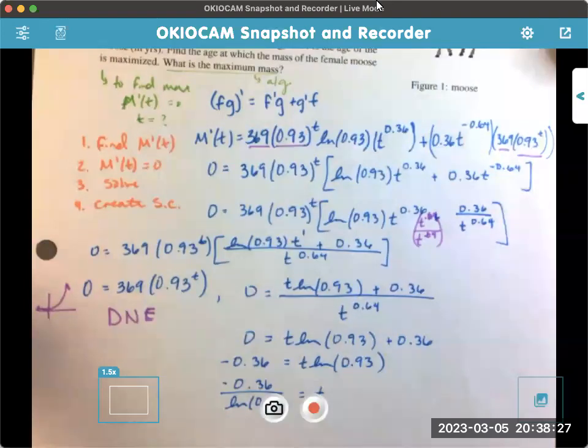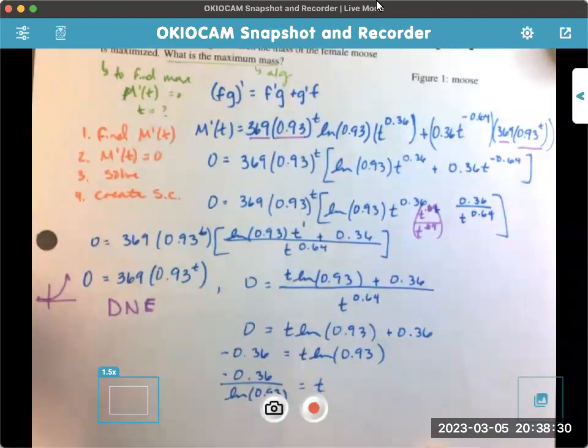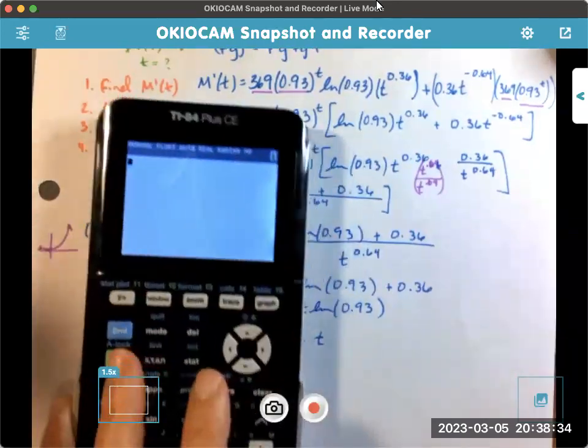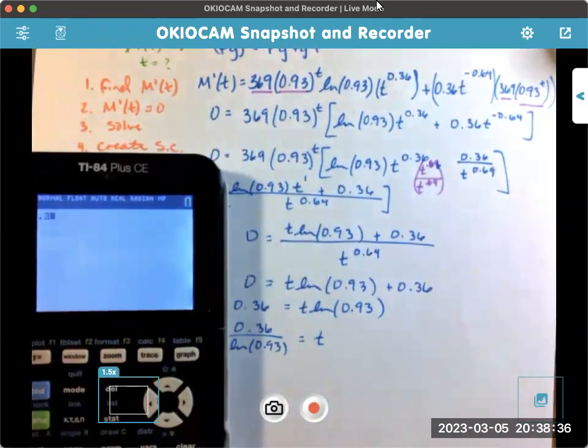I'm going to grab my handy dandy calculator right here. Sorry, scooch, scooch, scooch. 0.36 divided by the natural log of 0.93 is, oh, hello. I was like, negative, it can't be negative.